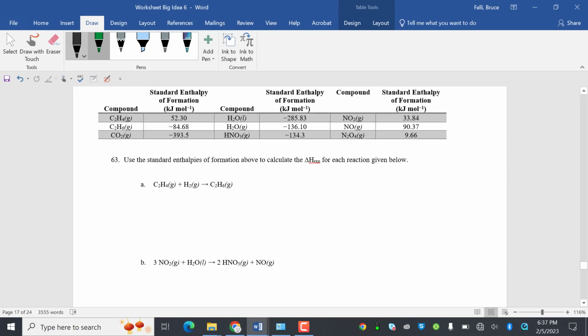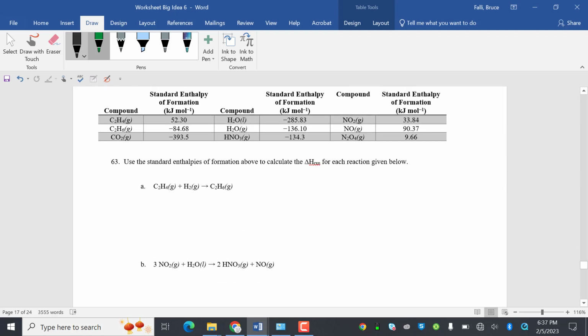Here we go. Enthalpies of formation to calculate delta H for a reaction. Notice these are compounds, so this is going to be delta H products minus delta H reactants yields delta H of the reaction. Use the standard enthalpies of formation above to calculate delta H of the reaction. Product C2H6, is it balanced first of all? It is. C2H6 is negative 84.68.